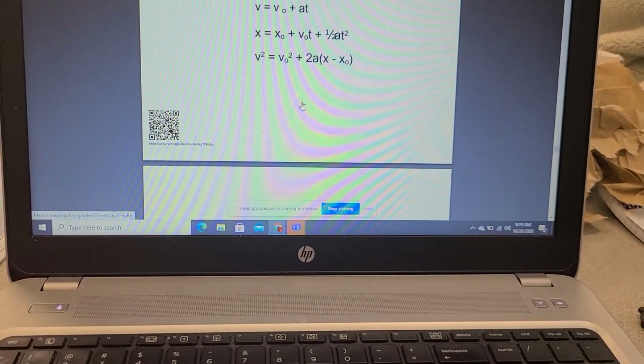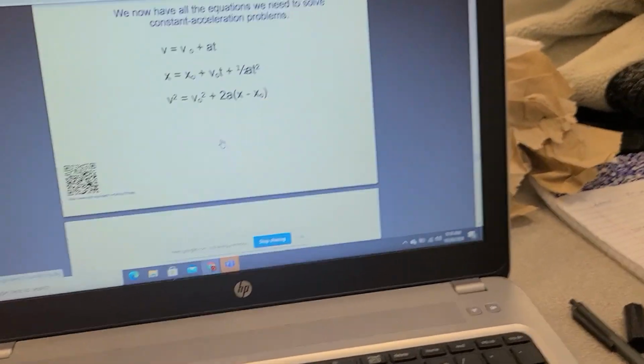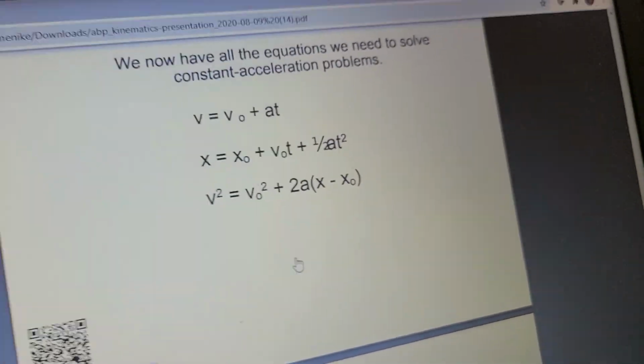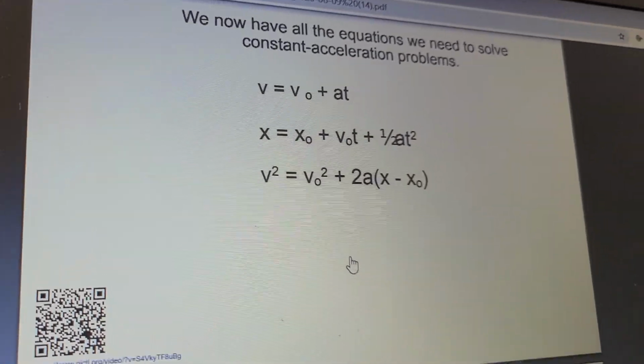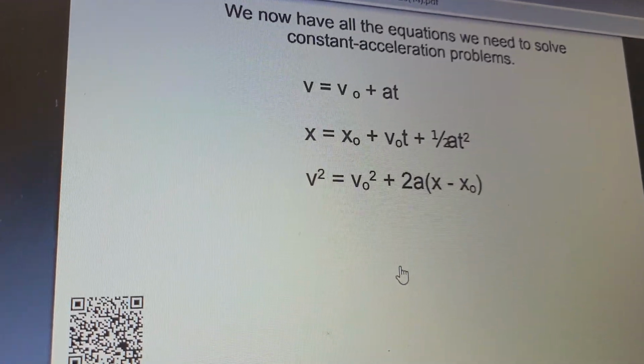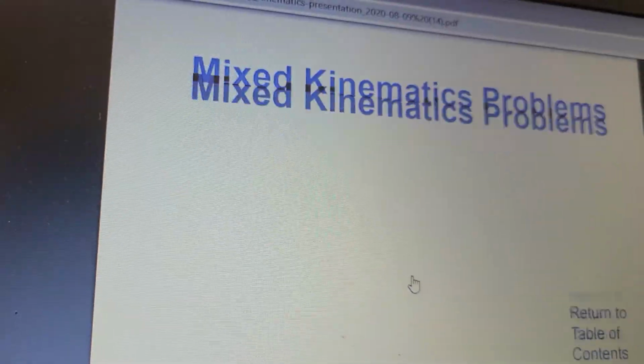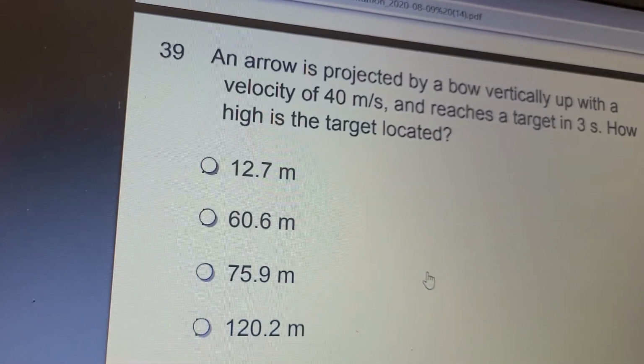Right then and there, in that first moment, time is given to you, that equation can go.